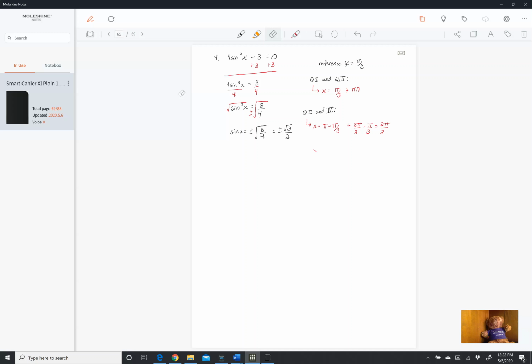So what's our answer? 2 pi over 3 plus pi times n. It's pi times n instead of 2 pi because we also have to get the angle in quadrant 4. So this is our answer. It's pi n because we're working for angles in 2 quadrants: quadrant 1 and quadrant 3, and quadrant 2 and quadrant 4.